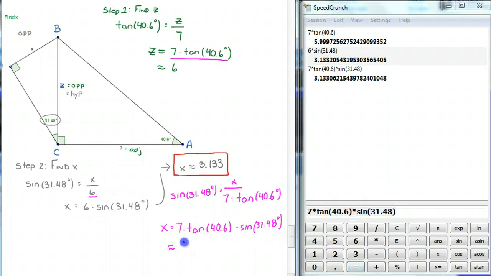So we get approximately 3.133. Again, for this problem, not a big issue. However, it's nice to be comfortable substituting in this manner, because as your problems get larger and in different mathematical situations, this type of process is really helpful.